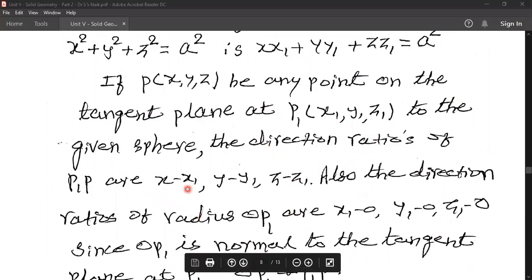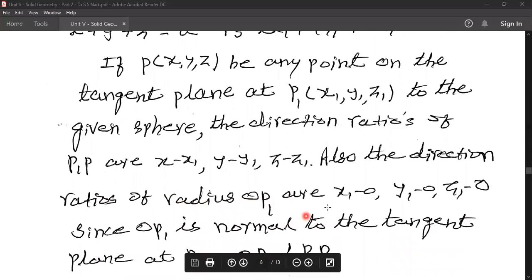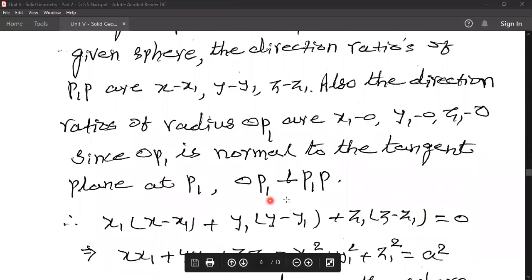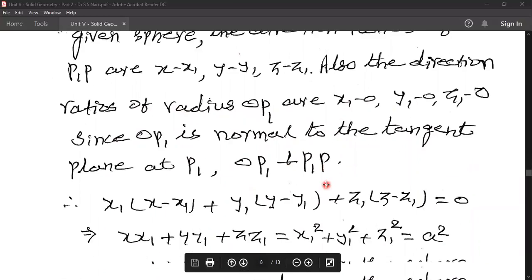Also, the direction ratios of the radius OP1 are x1 minus 0, y1 minus 0, z1 minus 0. Since OP1 is normal to the tangent plane at P1, OP1 is perpendicular to P1P.